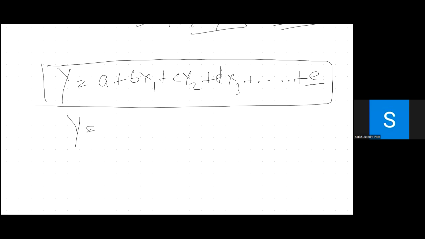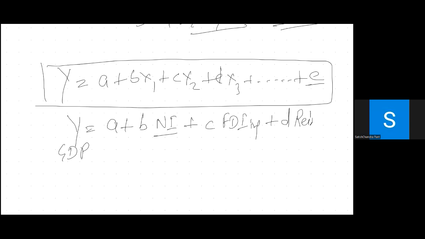I wanted to connect this equation with one hypothetical example. Keeping y equal to GDP, a is a constant, b is a slope, x1 is national income, right, plus c, x2 is FDI inflow, plus d, suppose, x3 is remittances received from abroad, and there are only three independent variables plus error.